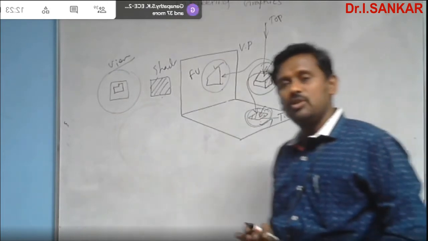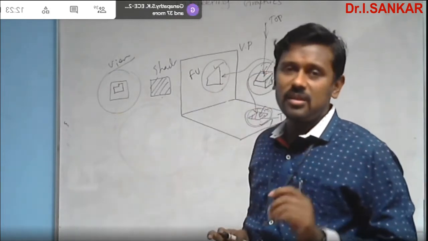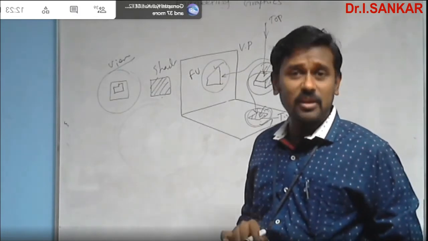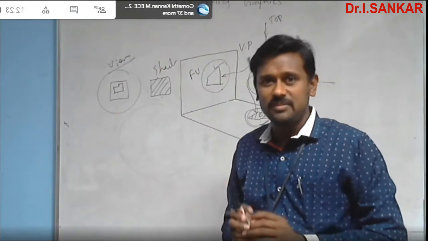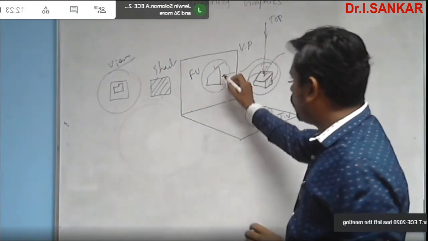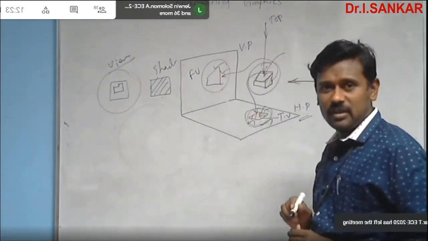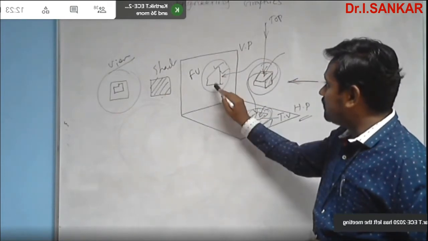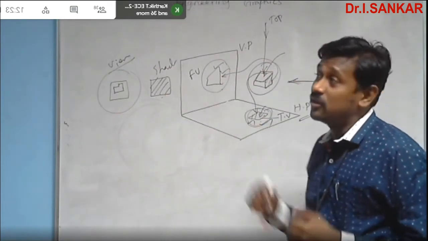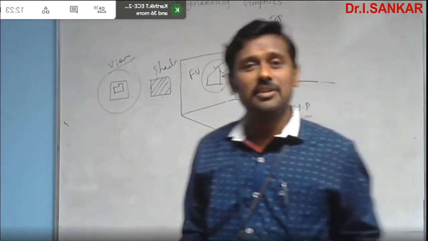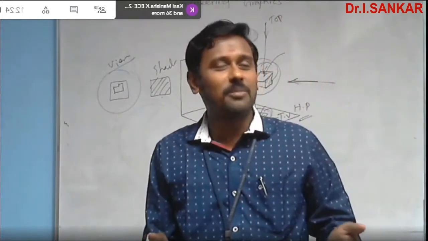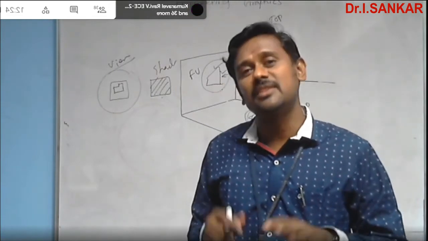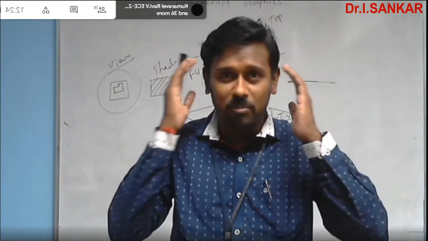Our objective in engineering graphics is to draw the views of the object. In this chapter, we are not going to draw the three-dimensional view of the object. You are going to draw only the two-dimensional views of the object, which are obtained in the vertical plane and the horizontal plane. Where I need to place the planes, what is the color of the plane, what is the dimension of the plane, you need not worry about that, because you are going to have all of these in your mind only.